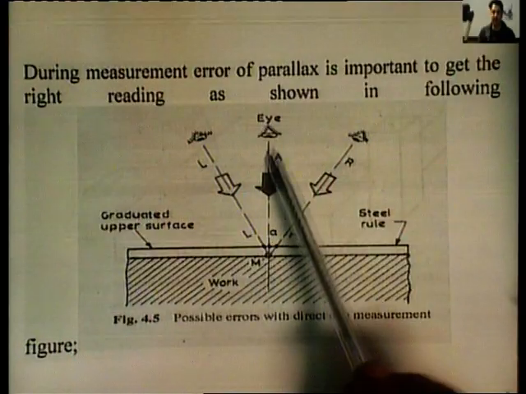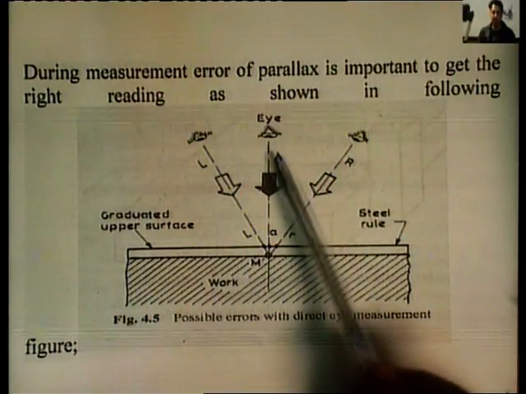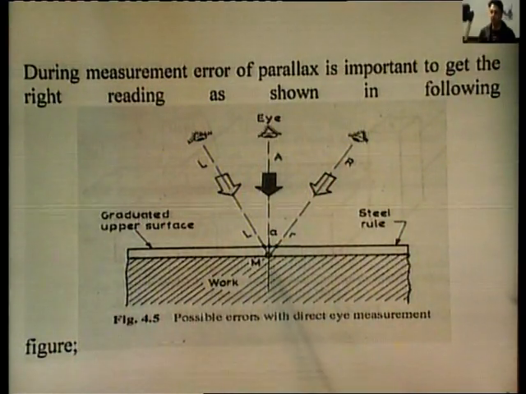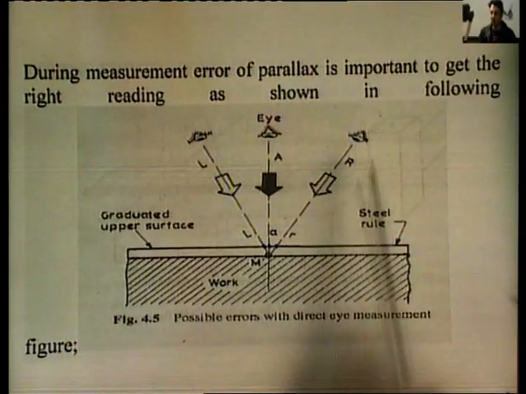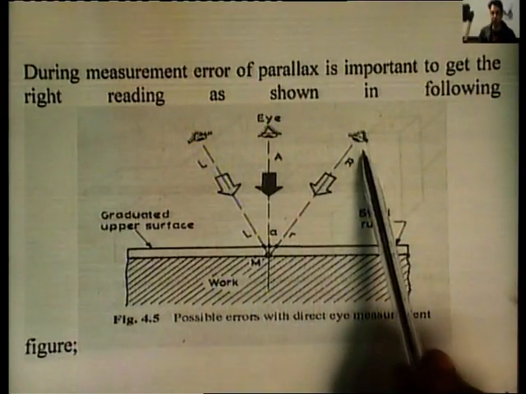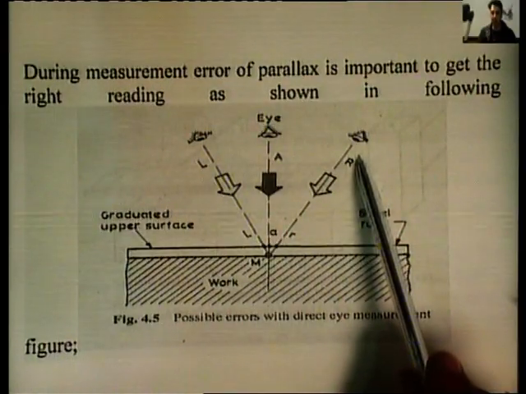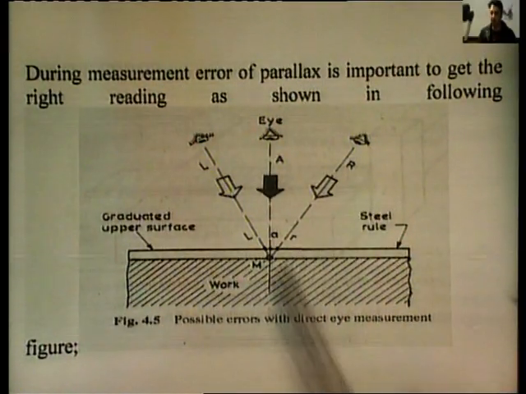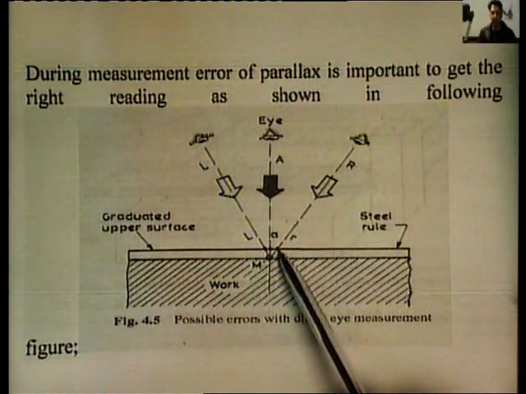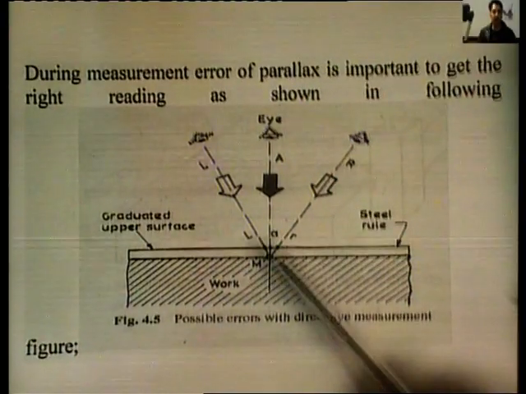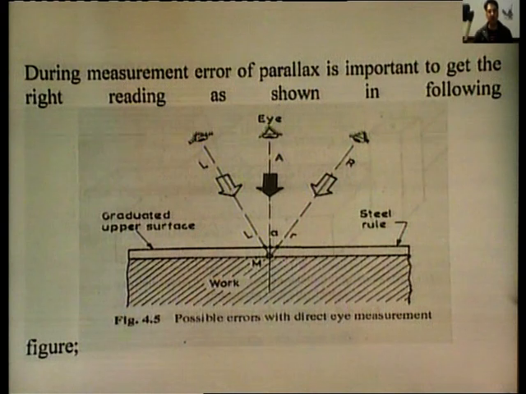It is representing the eye, which has vision that is perpendicular to the face of the ruler or the face of the workpiece. So, if we are taking the reading from this angle when the eye is over here, at that time the reading is not likely to be correct. It may be a slightly increased value. So, this error can be somewhere near 0.5 mm.